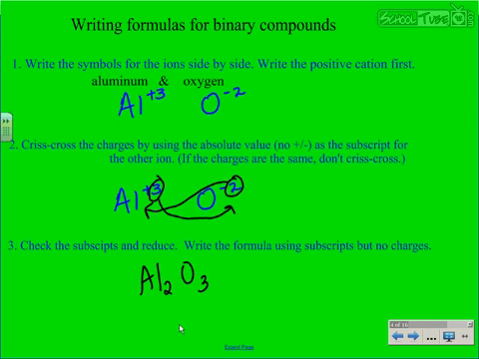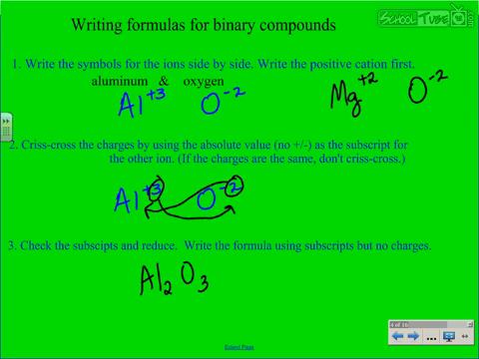Alright, so a couple other things we might run into. If we have one like this, let's do magnesium this time. Where do we find magnesium? Group 2, so it's going to make what kind of ion? +2. And let's do it with oxygen again.